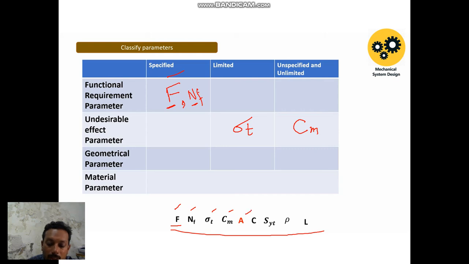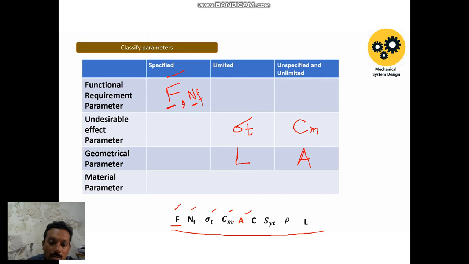Then area is an unspecified parameter, but it's a geometrical parameter, so that's why we will write it here. So the geometrical parameter area is unspecified and unlimited, but length is given, it is limited, that is 200. So L is a geometrical parameter, and it is a limited parameter.